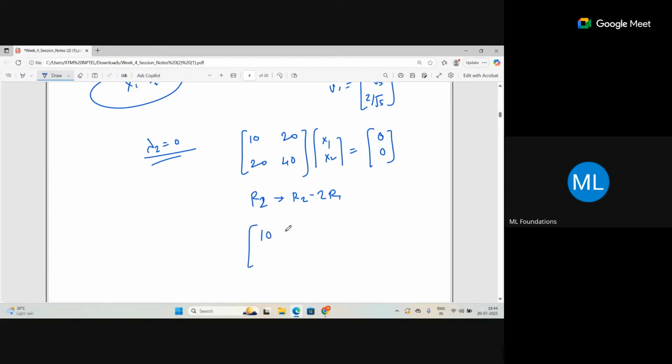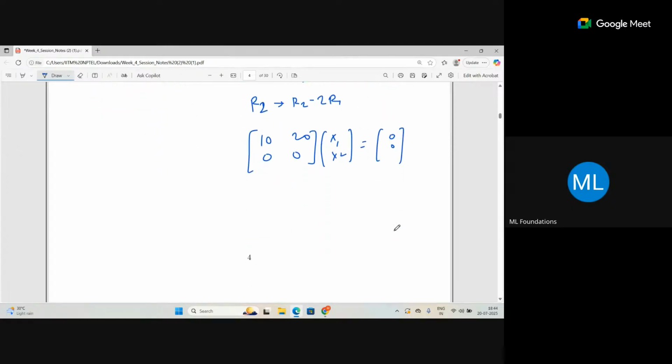In that case also I'll get 10 20 0 0, times x1 x2 equal to 0 0. So the equation will be 10x1 plus 20x2 equal to 0, so x1 equals minus 1 by 2 x2.